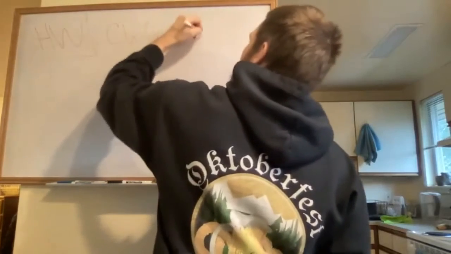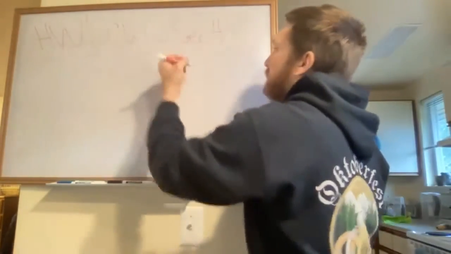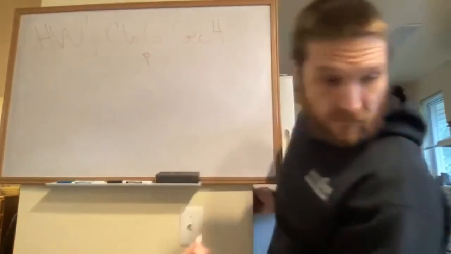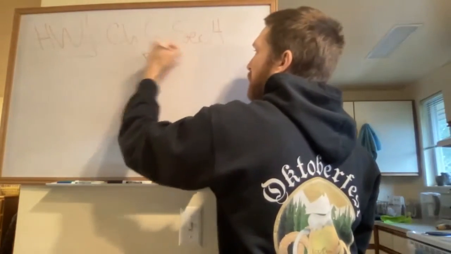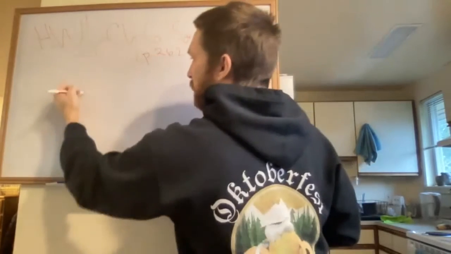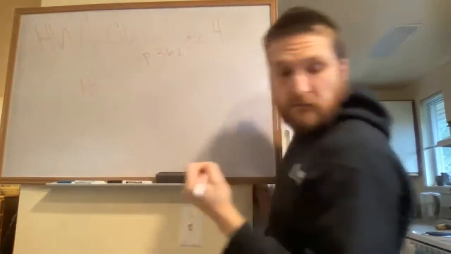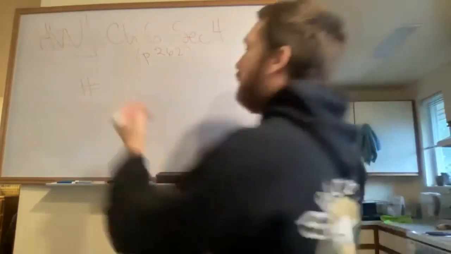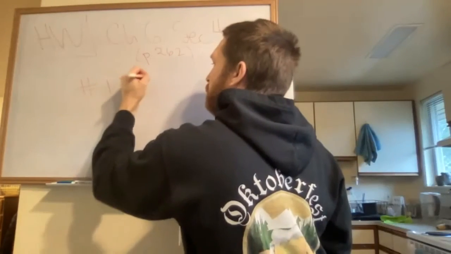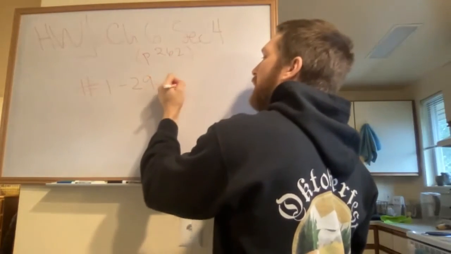So whatever. All right, so your homework. Chapter 6, section 4. I think it's all on that one page, 262. Numbers 1 through 29, odd.